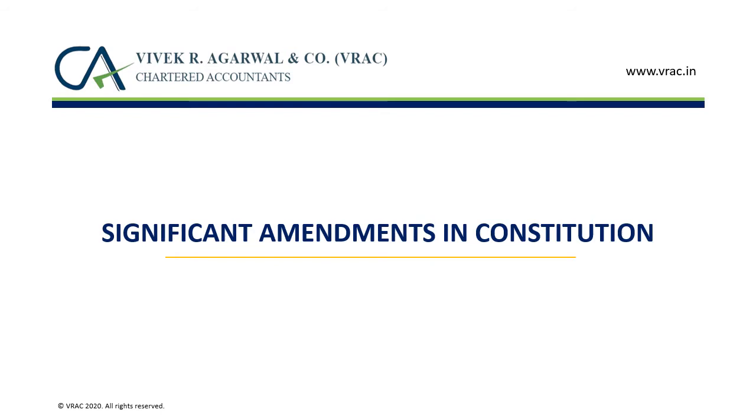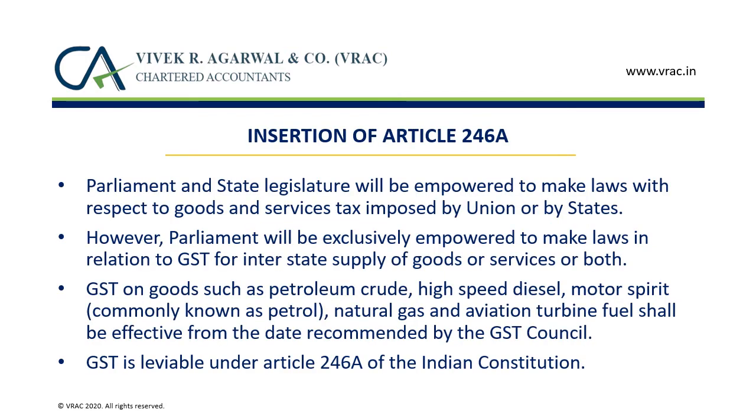We shall dive deep into the Constitution Amendment Act, and study the significant amendments therein. A new Article 246A is inserted in the Constitution of India for the levy of GST. The Parliament, and the state legislature, will be empowered to make laws with respect to goods and services tax imposed by union or by states.